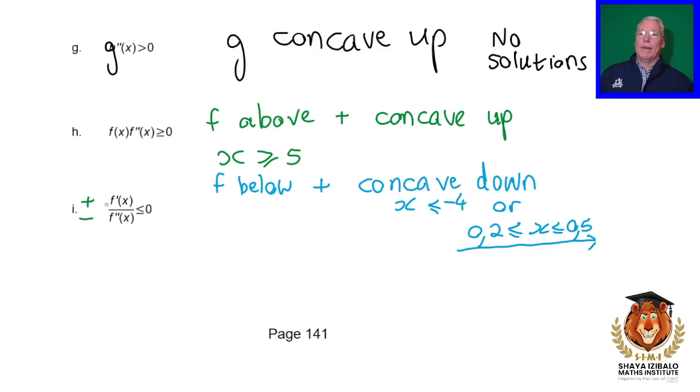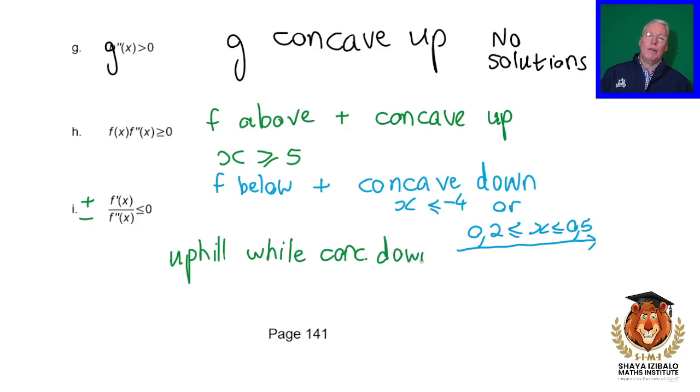And let's just talk about what that looks like. What does a positive gradient look like? It means that f must be going uphill. But we want the bottom to be negative. So uphill while concave down, because if the second derivative is negative, the graph is concave down.